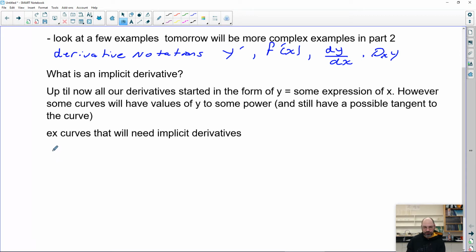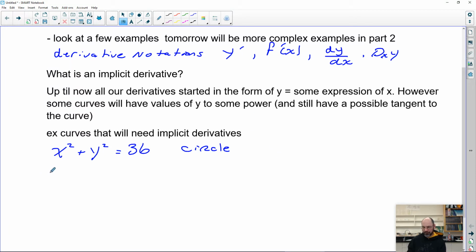A circle is usually written as x squared plus y squared equals some number, usually r squared. That's a circle, and you can still get a tangent to a circle, right?